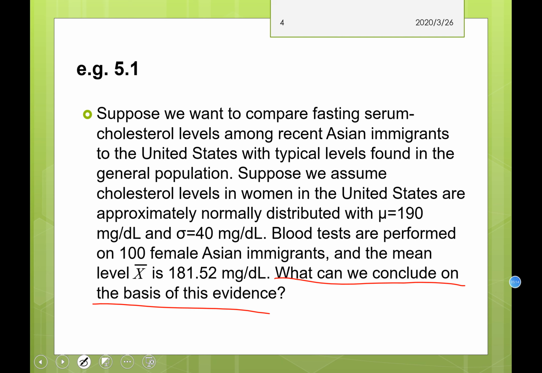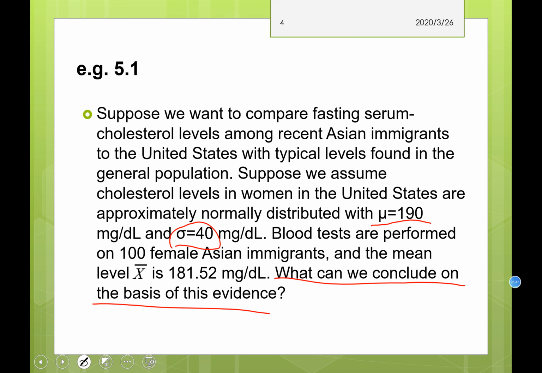And now let's think about the information which is given in the question. Here we can find many numbers in the question. The first one is 190. That is mu, so it's the population mean. It's information from the given population. And we can also find sigma, which is also information from the given population. So what is the population here?